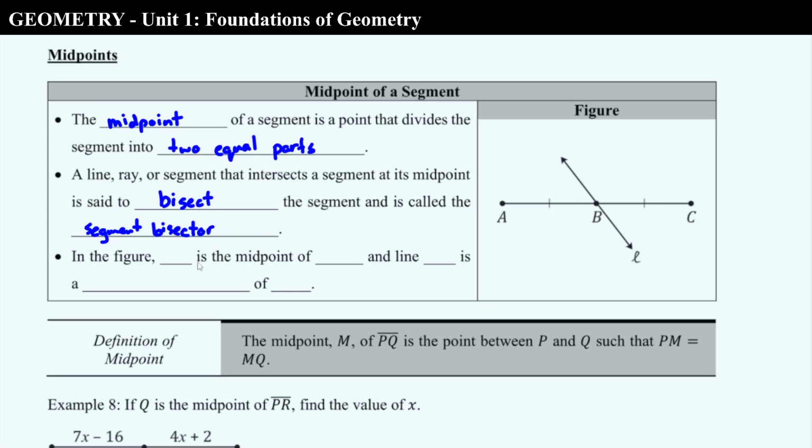In the figure that you see here, B is the midpoint of line AC, or I should say segment AC, since this is a line segment. And line L is a bisector of AC.